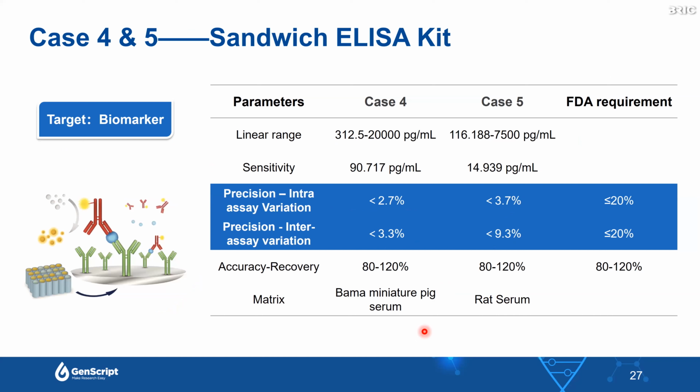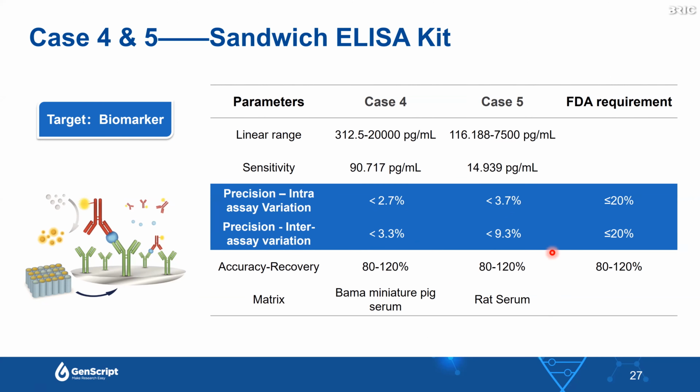Besides the PK, ADA and HCP ELISA kit developments, we also provide customization for other ELISA kits to detect biomarkers. In case study 4, Bama miniature pig serum detection, and case study 5, rat serum, we are able to meet and exceed the FDA requirements.